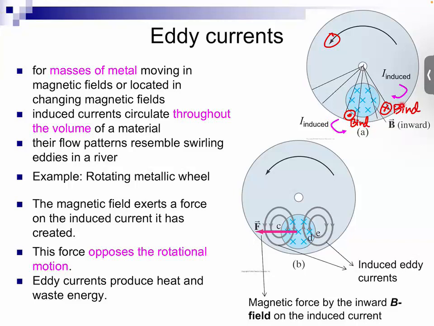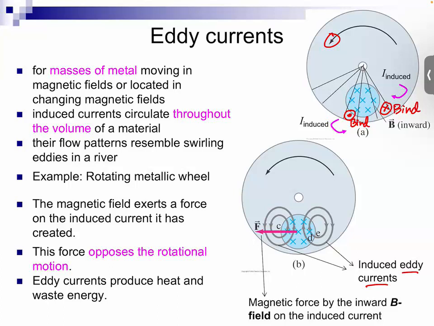The induced magnetic field that's into the page then creates an induced current that's clockwise in direction. So at that point where you have the magnetic fields, you have these small currents that are created in that metal region, and we call these eddy currents because they look like eddies or little swirls that you observe in water.